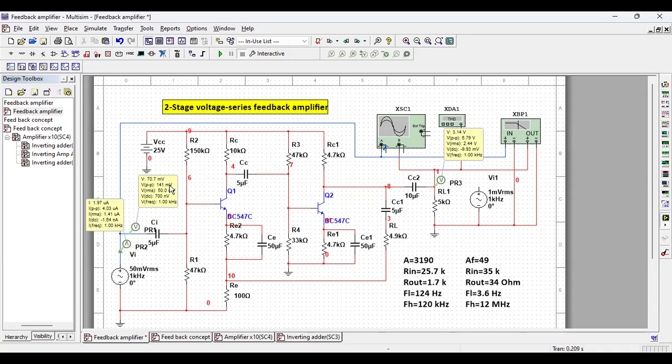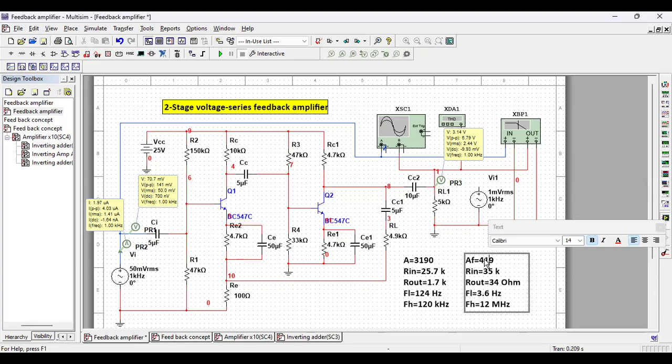So what is the gain we got? 6790 divided by 141, which is 1 point something.